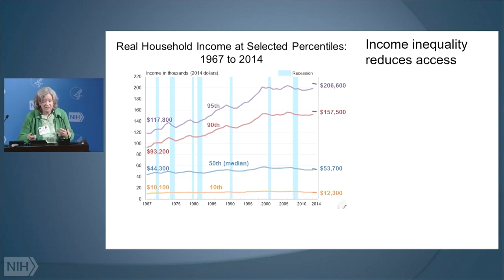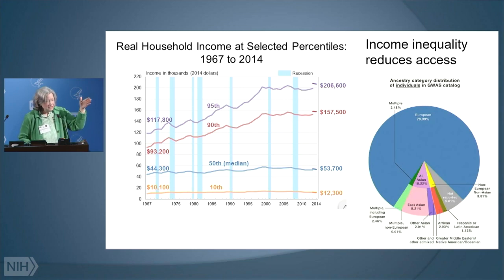That inequality of access is then coupled to historical failures to have the right data from diverse populations to invest in with genetic studies. It makes sense to use data that are very rich and have a long history of clinical information and medication information in investing in the first genetic studies.